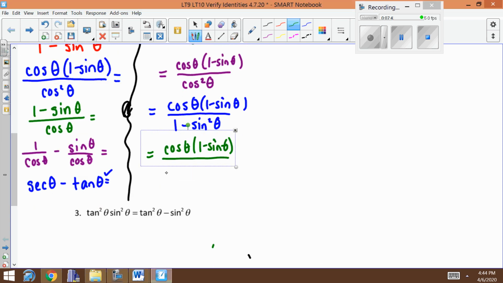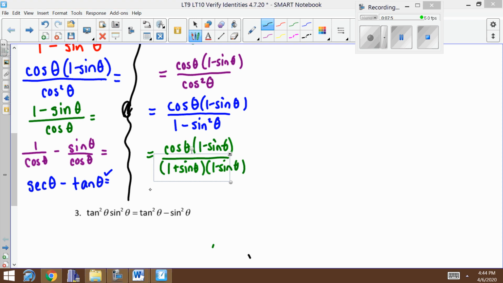That factors to 1 plus the sine of theta and 1 minus the sine of theta. And then the 1 minus sine of theta can cancel, and we get the cosine over 1 plus the sine, and that's exactly what we wanted.